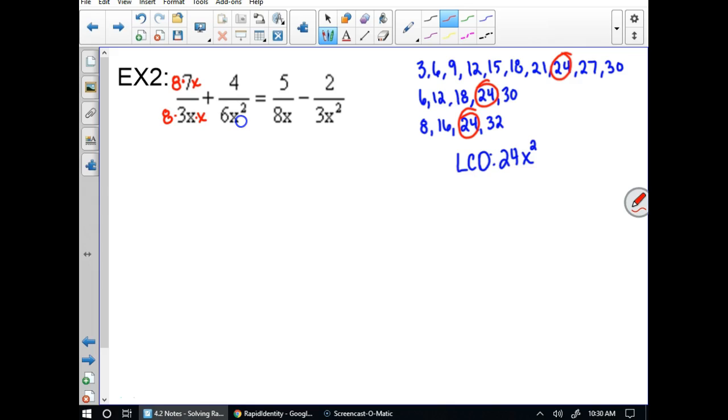For the second one, I would have to multiply 6 by 4 times 6, and I already have an x squared, so I don't have to multiply by a variable at all. For the third fraction, I need to multiply by 3. And I also need to multiply by an x because I only have a single x there. So I multiply by 3 and by x in the top. And for the last one, I'm going to have to multiply by 8, but I do not have to multiply by an x.